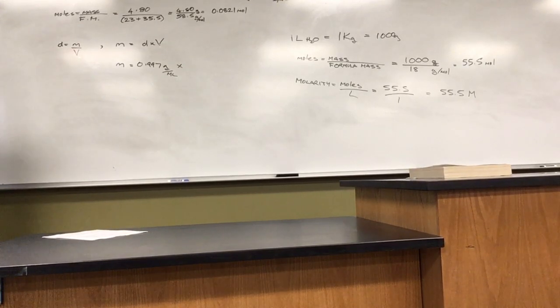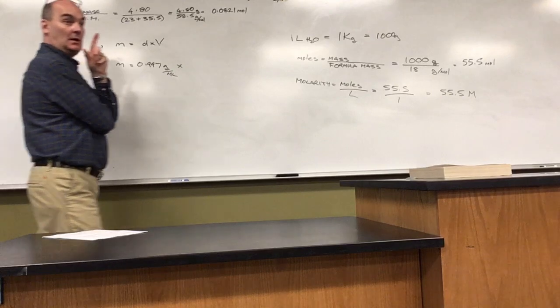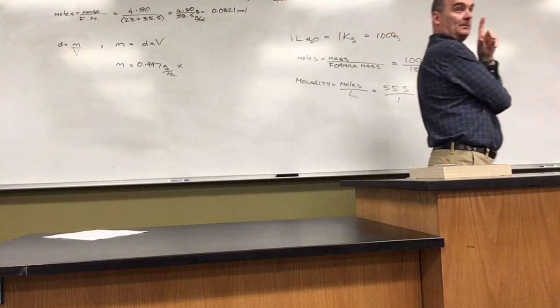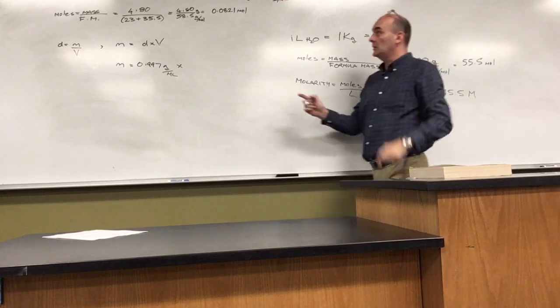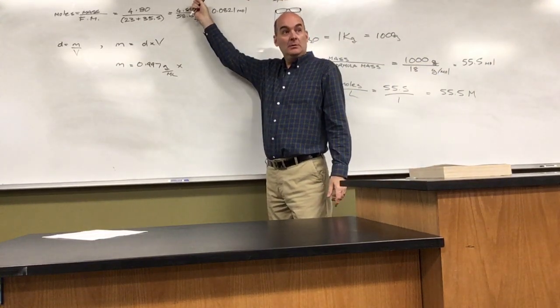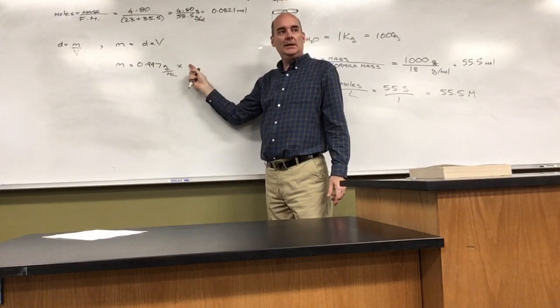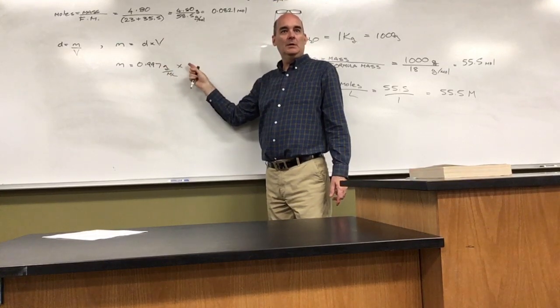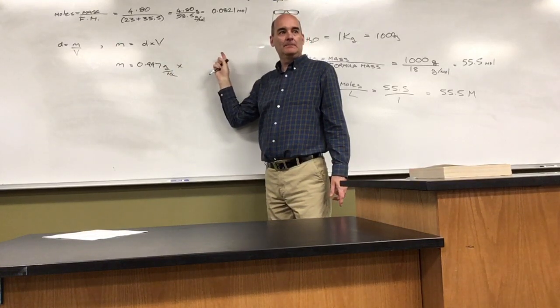But my density is in grams per milliliter. So I have a choice. I do one of two things. I either change my liters into milliliters, or I change the density to read in liters.